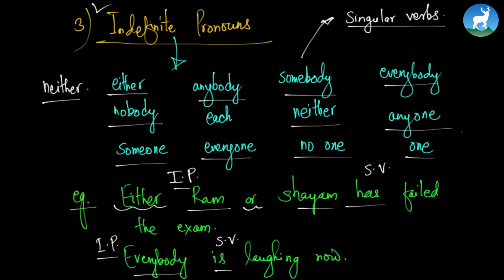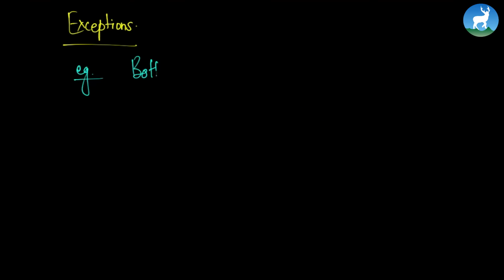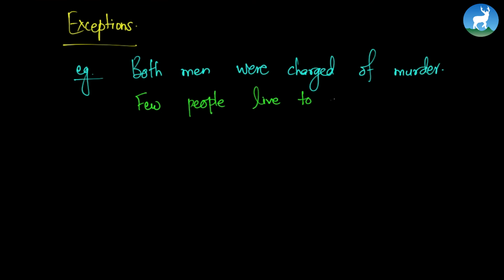Correct? But there's an exception to this rule. Let's study that exception. For example, both men were charged with murder. Few people live to be 100. If we study these two examples, both men is an indefinite pronoun, but it takes a plural verb. A few people is also an indefinite pronoun, but it takes a plural verb.